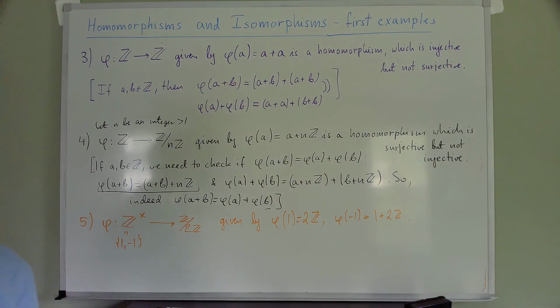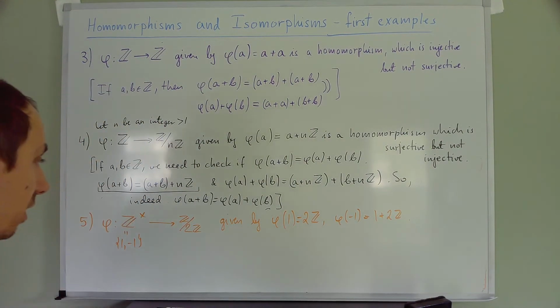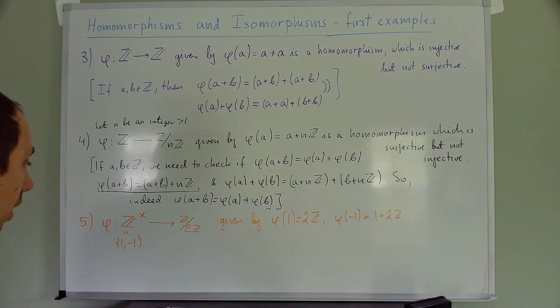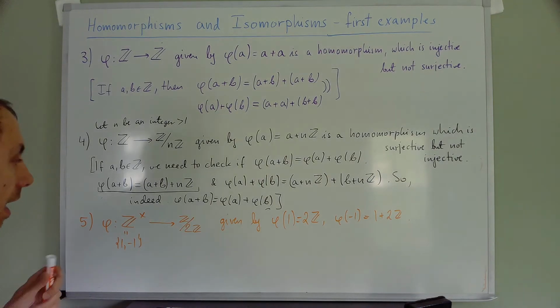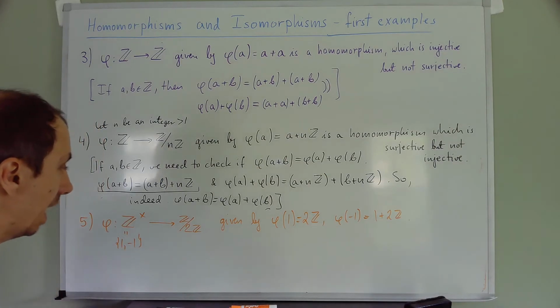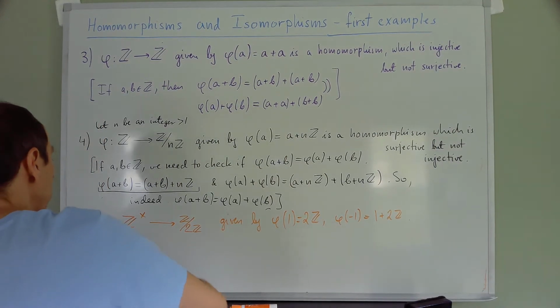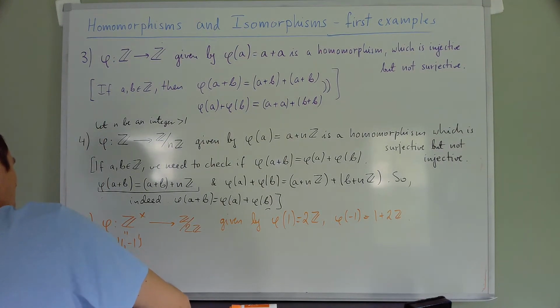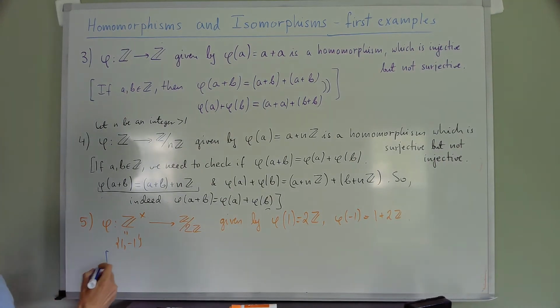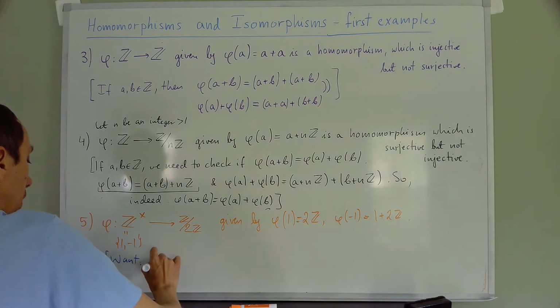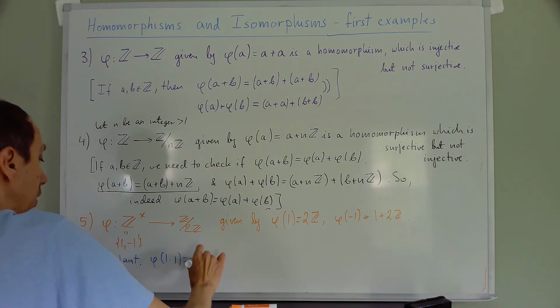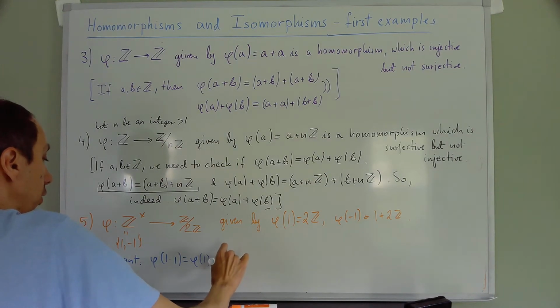Now, is this a homomorphism? Because I didn't give you a nice formula, I have to check it by hand, for every possible element. But there are not so many of them. So I want phi of 1 times 1 to be phi of 1 plus phi of 1.